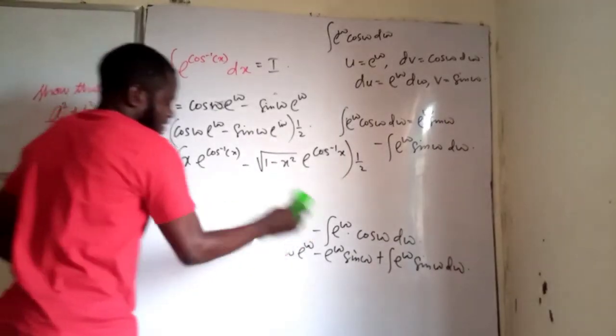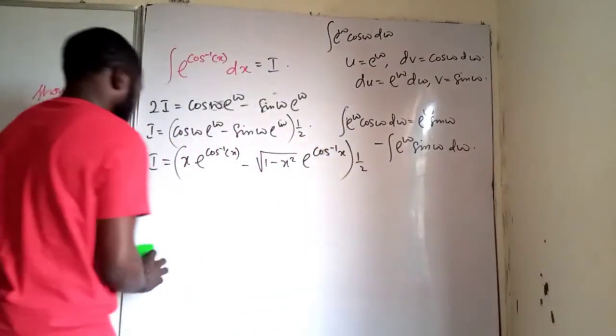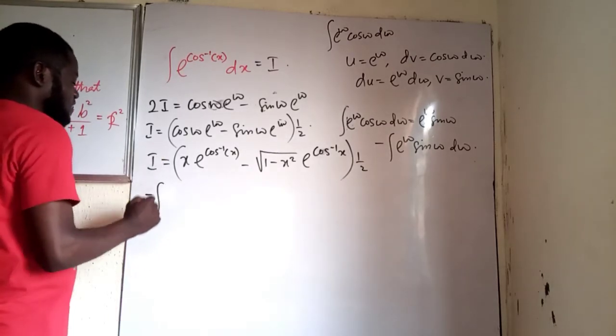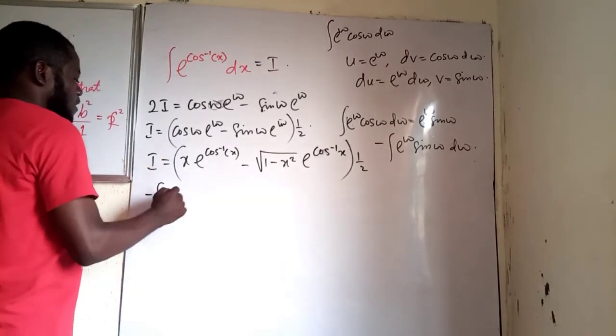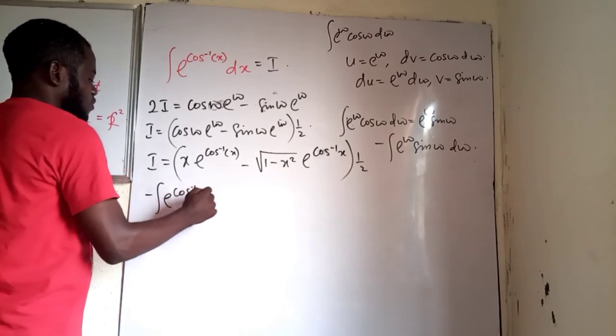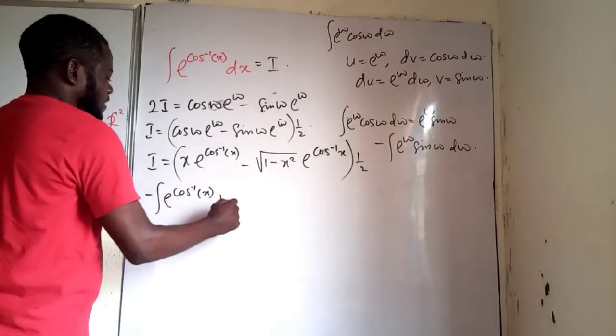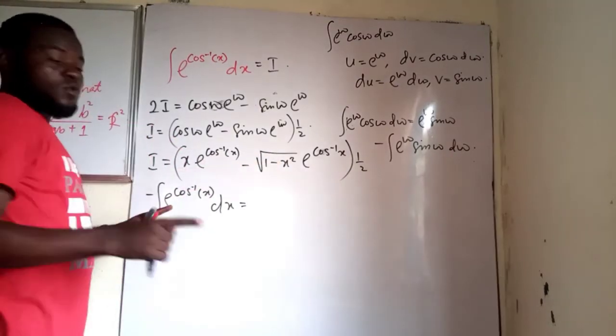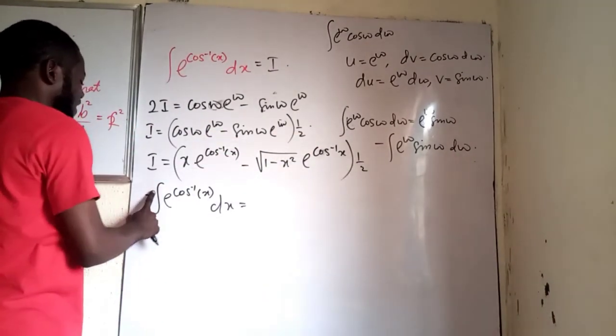Okay, guys, we are there already. So remember, this is negative the integral of e to power of arccos of x dx, equal this. For us not to waste time, let's just multiply through by the negative.